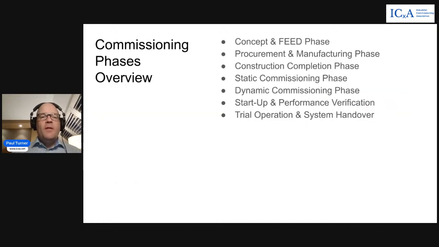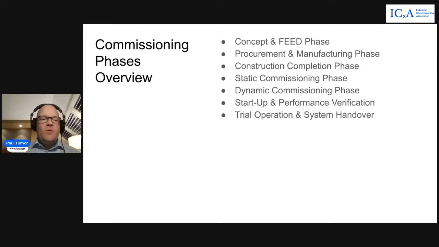So we're going to go through all of the commissioning phases in the handover model here, starting with the concept and FEED phase, and what takes place during those early aspects of projects, the procurement and manufacturing phase, what takes place for construction completions in our construction completion phase, our static commissioning phase, our dynamic commissioning phase, right through to introduction of power loads and process fluids for startup and performance verification, and into trial operation.